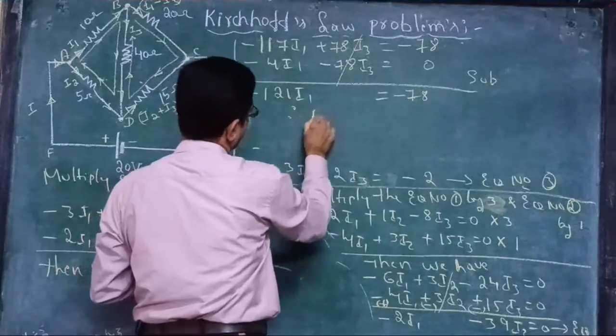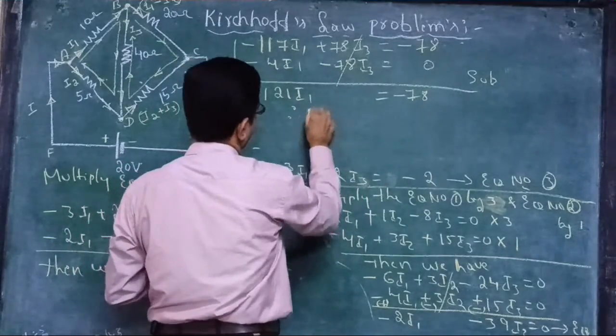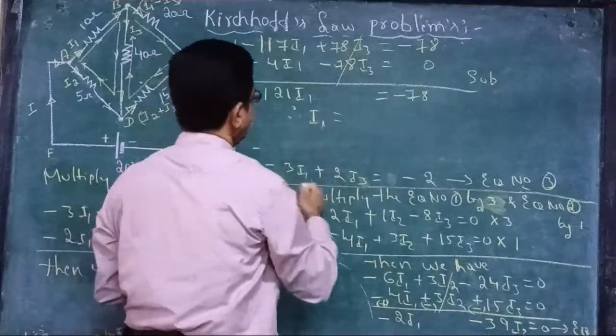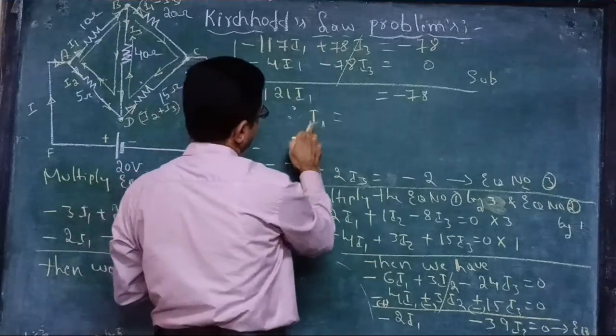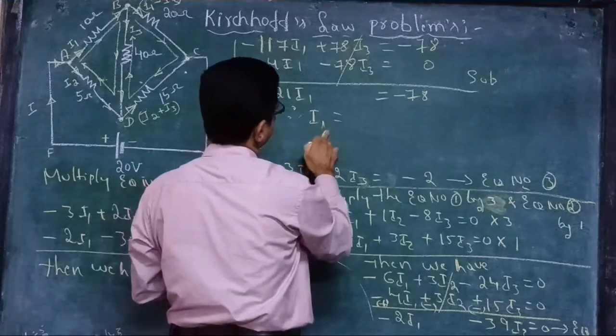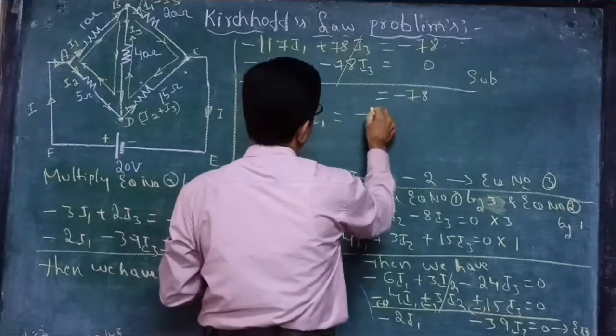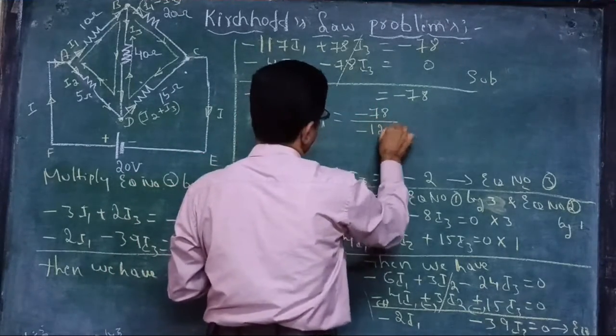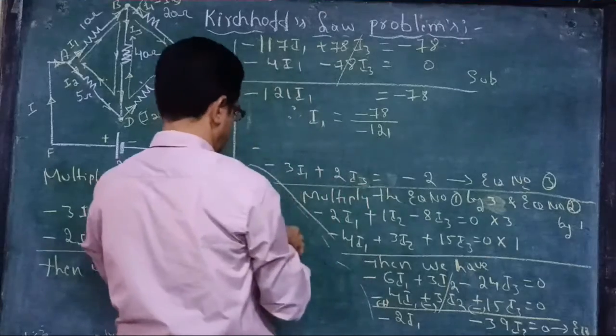So therefore, I1 value will be taken to the left side. So that means I1 is equal to minus 78 divided by minus 121.